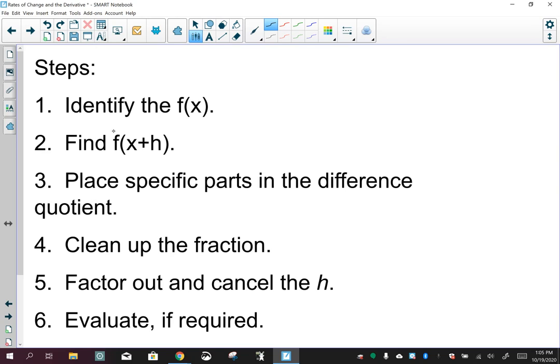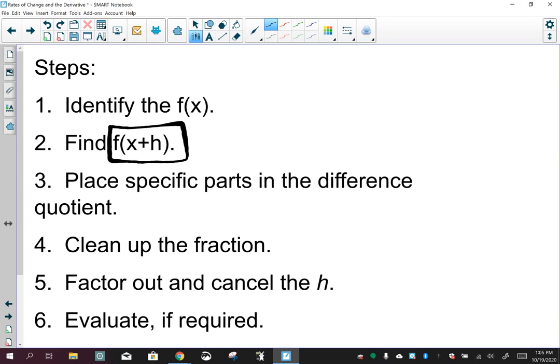The next piece, though, this is usually where people make a lot of their mistakes. You need to take your f of x function and evaluate it for x plus h. And then you're going to put the numerator together. The numerator is the f of x plus h minus f of x. So you're going to take 2 and subtract it from 1. And then you're going to clean up that numerator.